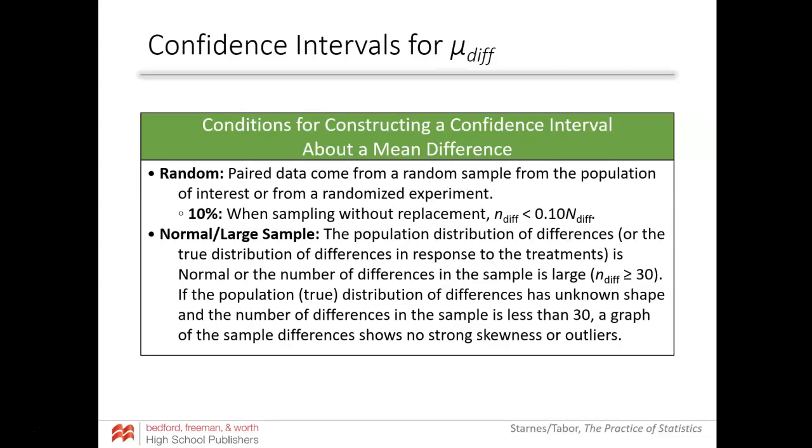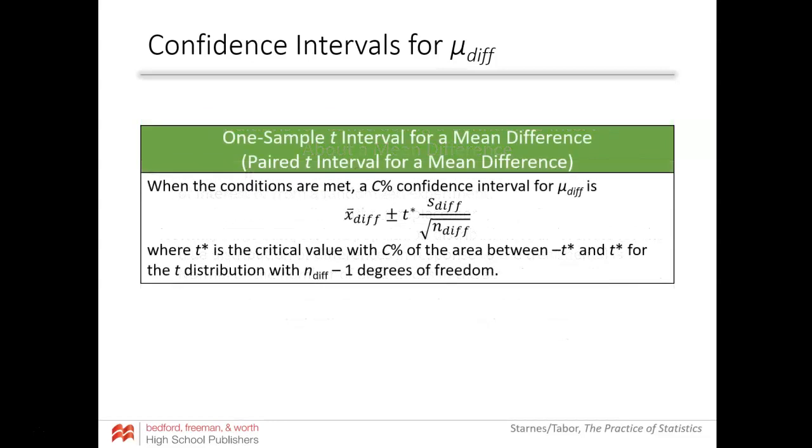So the population distribution of the differences, or the true distribution of differences in response to the treatment, is normal. That would be great. Or else the number of differences in the sample is large, so greater than or equal to 30. If the population has an unknown shape and we have a sample less than 30, then we have to graph the sample differences to show that we don't have extreme skews and outliers, just like before.